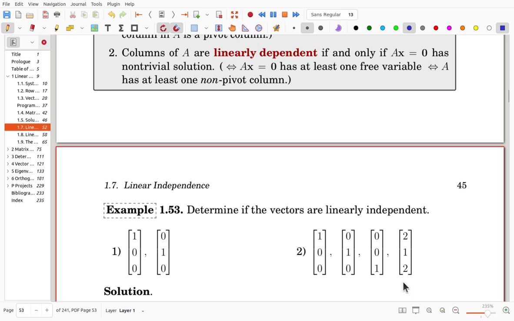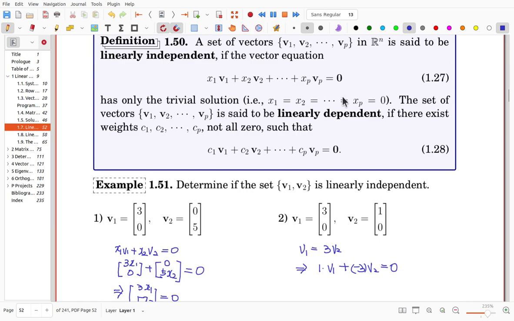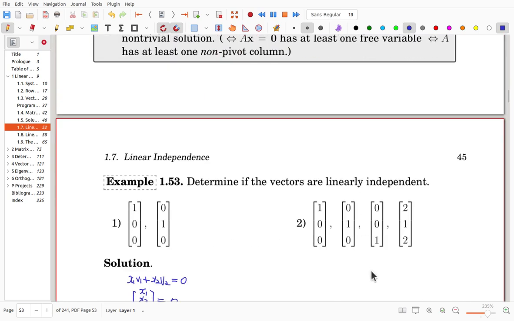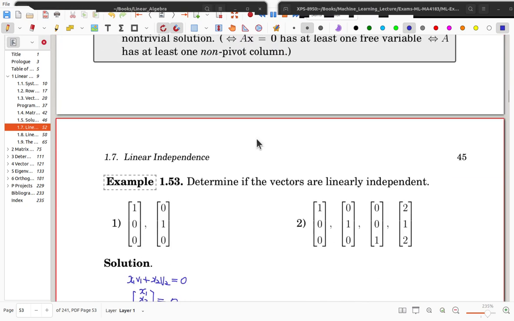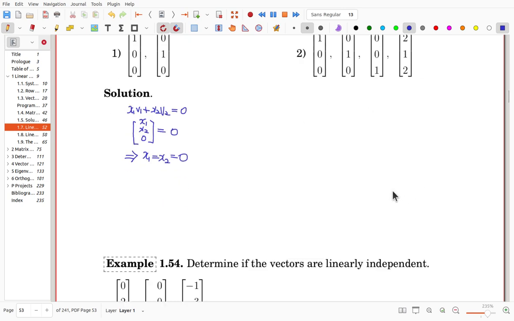So the set of these four vectors must be linearly dependent. If you begin with the definition and linear combination equals 0, then you can find non-trivial solutions. But anyway, by using this statement here, you can easily check that this set of vectors is linearly dependent.